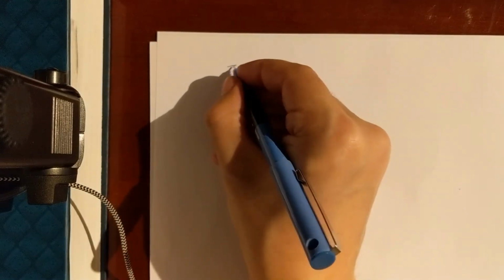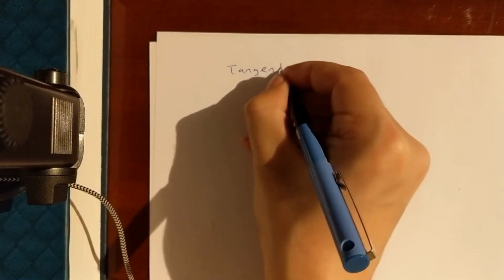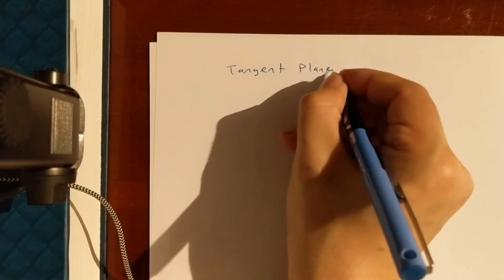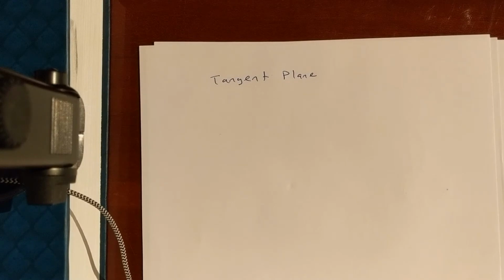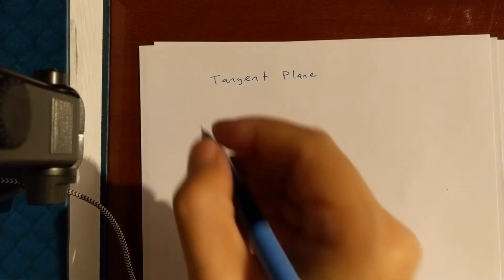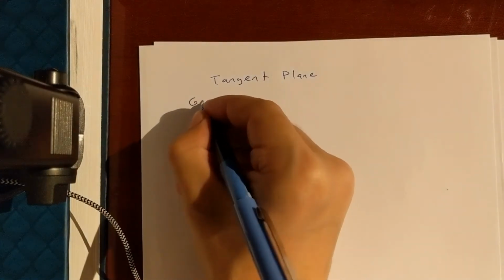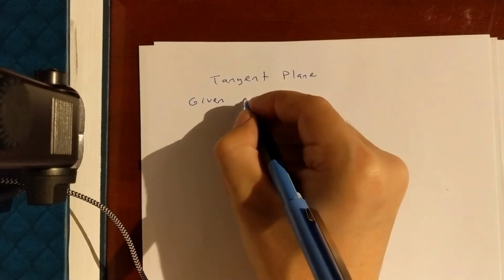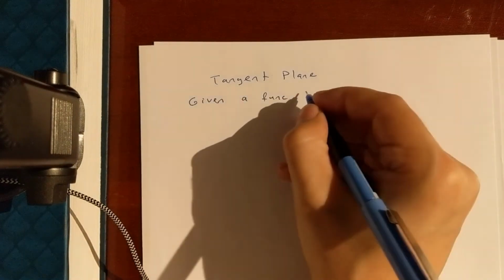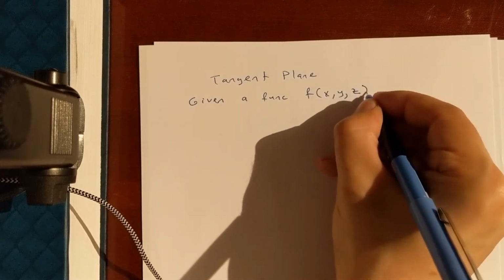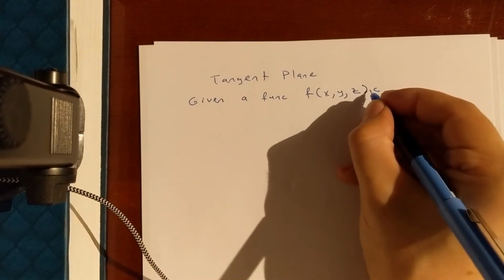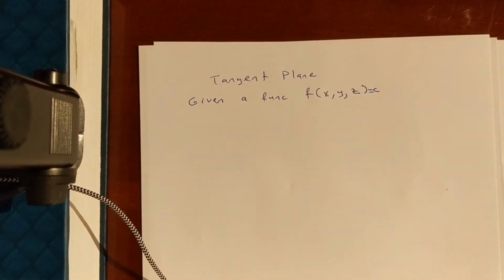So let's ready our paper. Tangent plane. I mean, we've actually done it already, because if we are given a function f of x, y, z equals c, okay, now hold on a second.